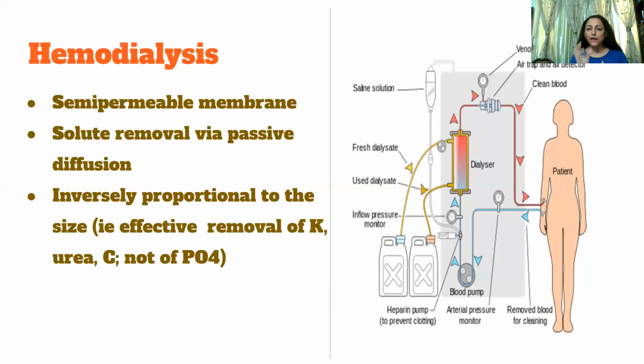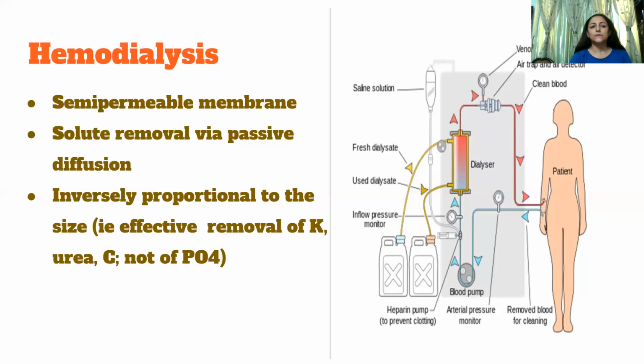The bigger the size of the molecule, the more difficult it is to get rid of it. So hemodialysis is effective in removing potassium, urea, calcium, and chloride ion, but not the phosphate ion, because the phosphate ion is a bigger ion.